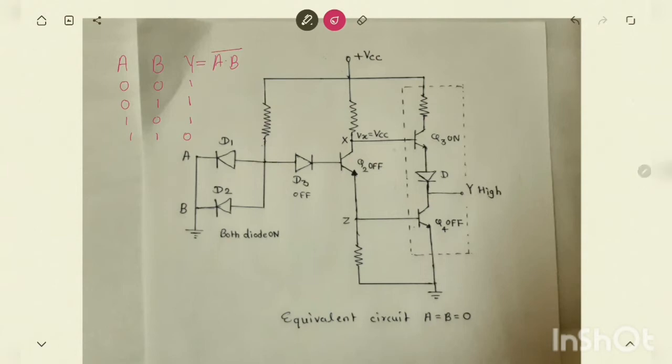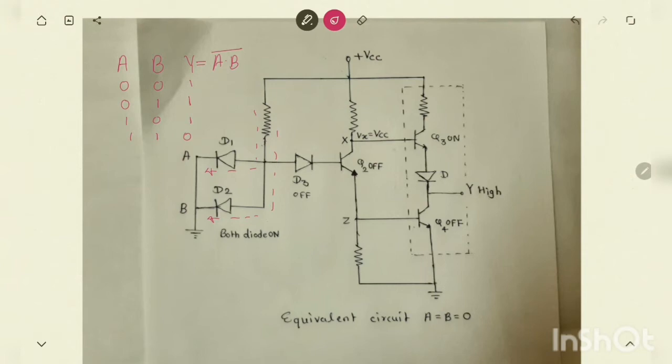Suppose A and B, both the inputs, are 0. In that case, both diodes D1 and D2 are forward biased.